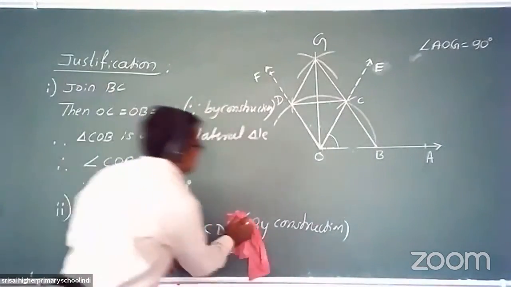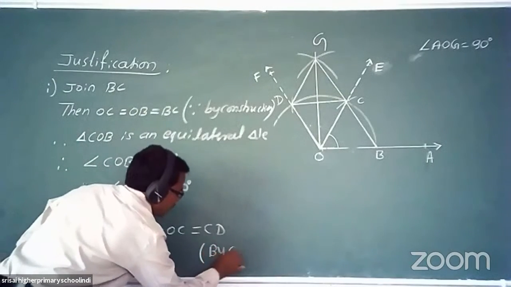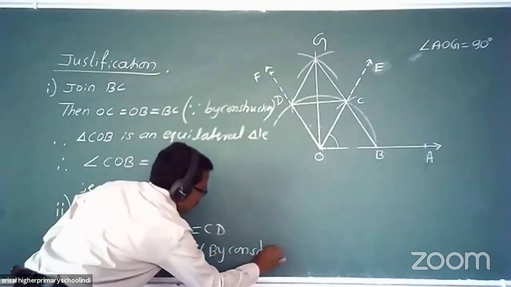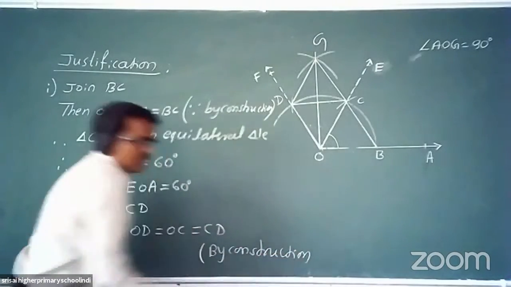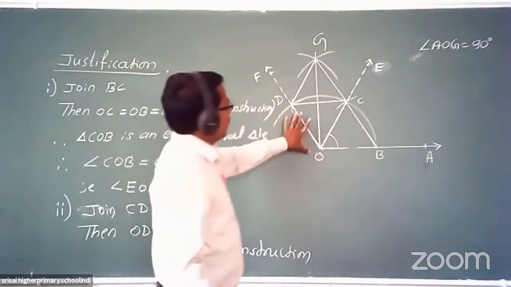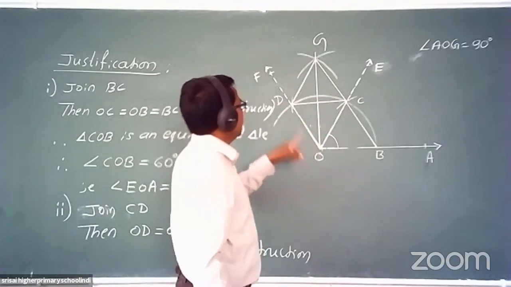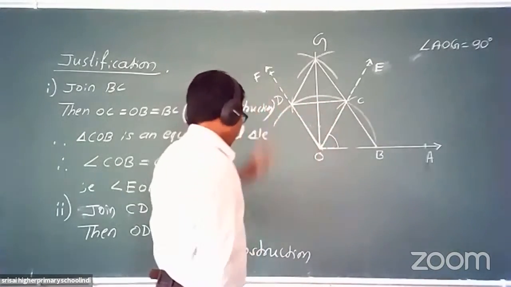I'll write here, this is by construction. So therefore OD, OC, CD are equal, which means COD is an equilateral.